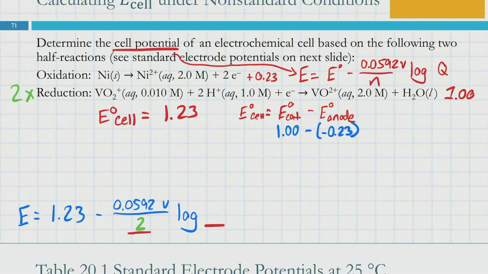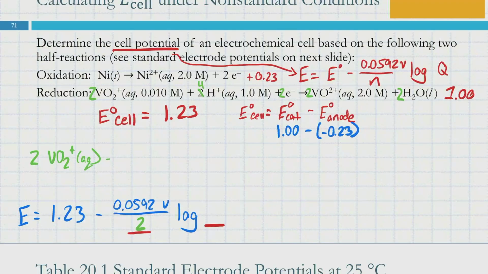Okay, so the helpful bit of information that we've gotten out so far is 2 electrons. I'm going to go ahead and disperse these 2's. So we're going to have 2 VO2 plus aqueous.